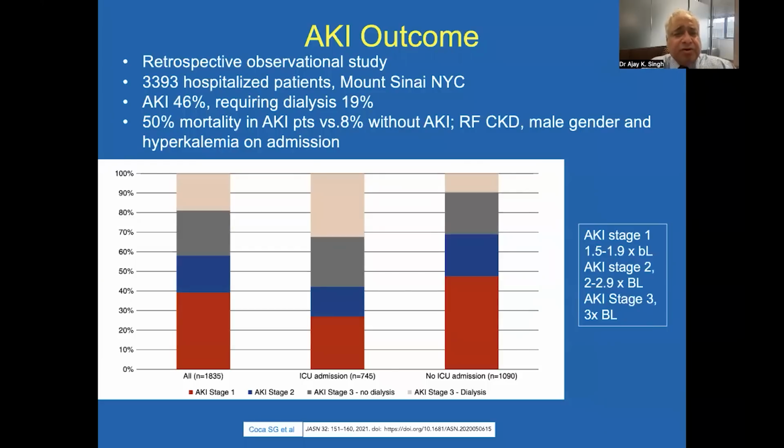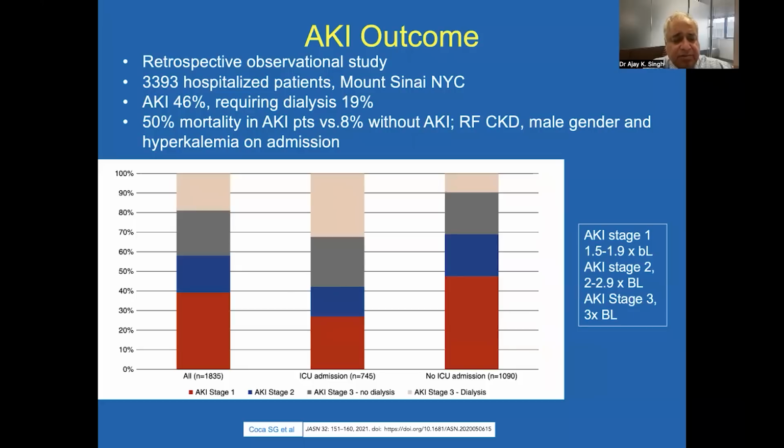This is shown here in this retrospective observational study of 3,393 hospitalized patients from Mount Sinai Hospital in New York City. The acute kidney injury rate was 46%, those requiring dialysis 19%, and there was a 50% mortality in AKI patients versus only an 8% mortality without AKI. The risk factors that were predictive of a worse outcome included CKD, male gender, and hyperkalemia on admission, probably all of them, except for the gender, indicating a more severe presentation.